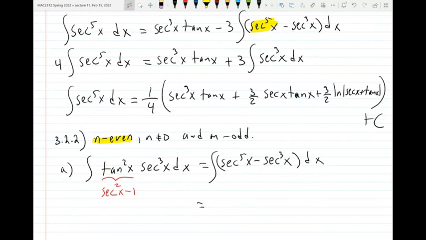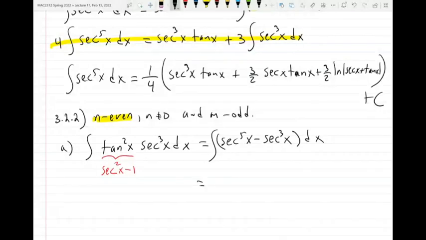Notice in this line here, if I divide by 4, it tells me that the integral of secant to the fifth equals 1 over 4 secant cubed tangent plus 3/4 the integral of secant cubed, which I can then combine with the subtracted integral and collect. So here's what I'm saying.